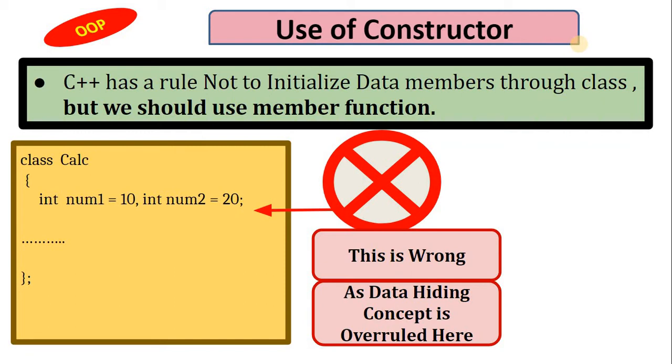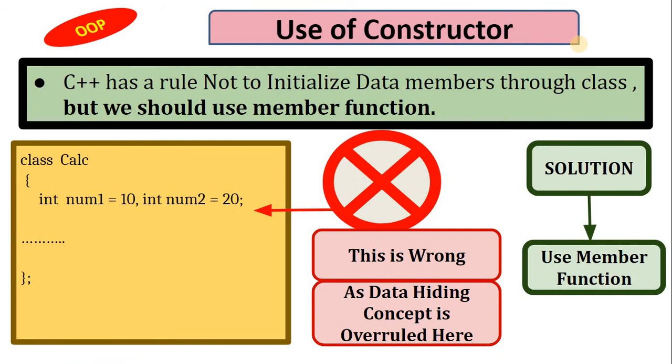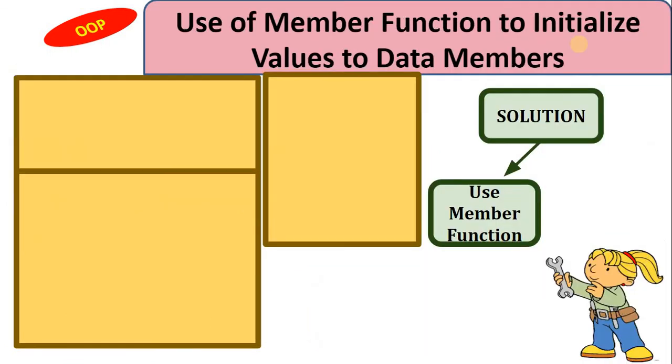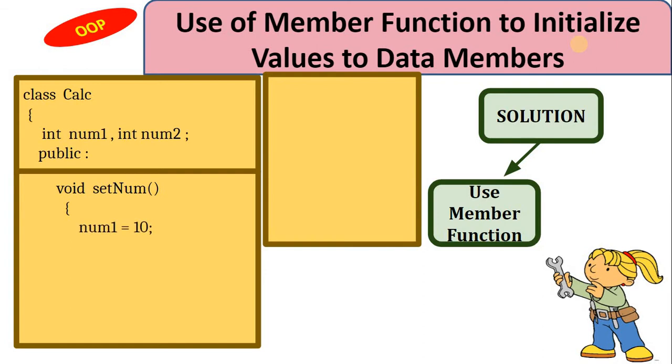The solution to this is to use a member function. So how to use a member function? You will use a class calc, then just declare the data members, then you have to use a function. Inside the public section I write a setNum function which is going to initialize the values of num1 and num2, the data members which you have declared inside the class, and the output function just displays those values.